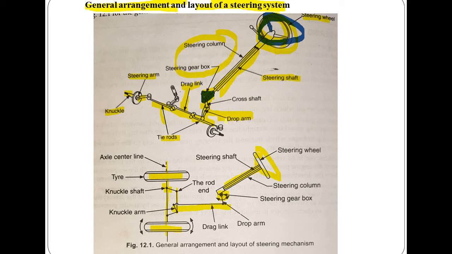Similarly, this is pictured in the downward picture. It shows how the drag link is connected with the drop arm and with the gearbox, and it transmits the motion to the knuckle arm and various linkages, and similarly it enables the movement of the wheels.